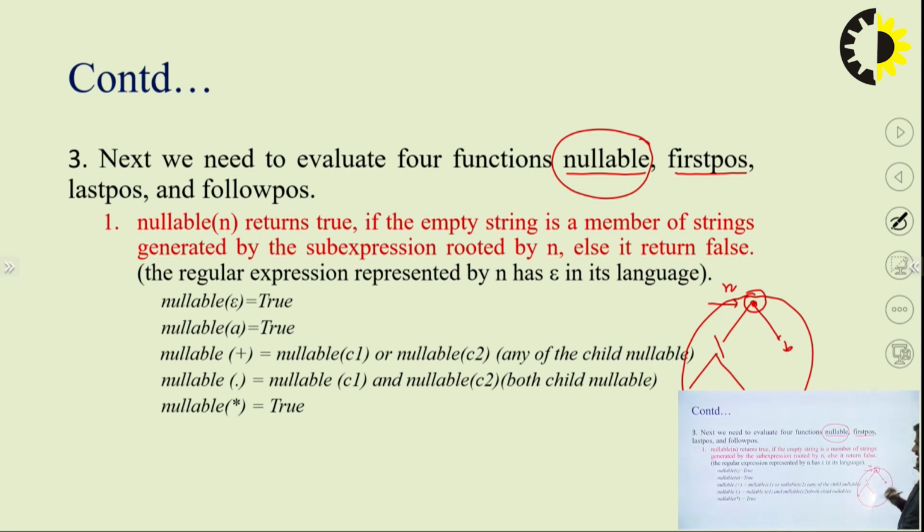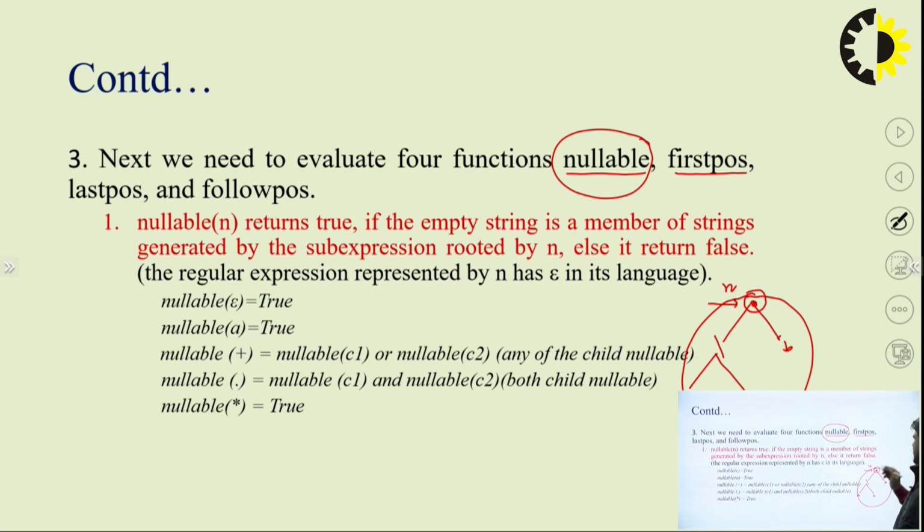If it has the capability to generate a null string, then the nullable function returns true, otherwise it returns false.